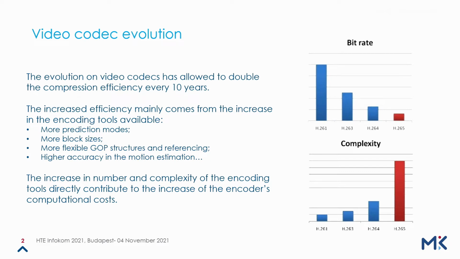Also, you have more flexible GOPs, more flexible referencing, everything contributing to efficiency, and also more sophisticated motion estimation, for example, going as low as a quarter pixel, and now with H.266 VVC, we have affine motion estimation, where instead of predicting a single motion vector for a block, you can predict 3 motion vectors or 4 motion vectors, one for each corner of the block, and then perform a geometric transform that is far more accurate, but of course has computational costs.